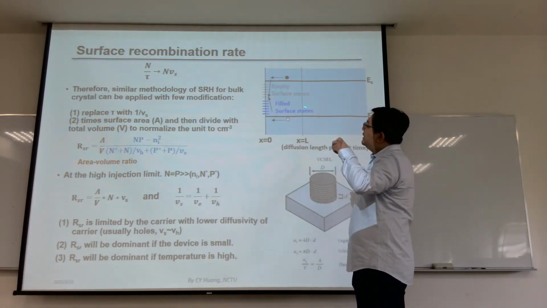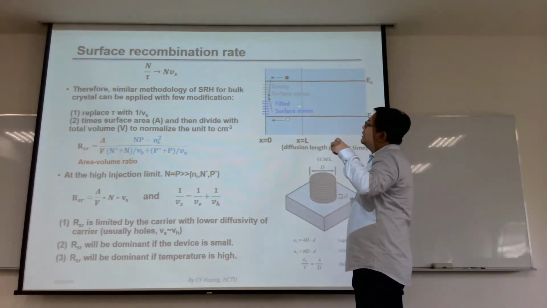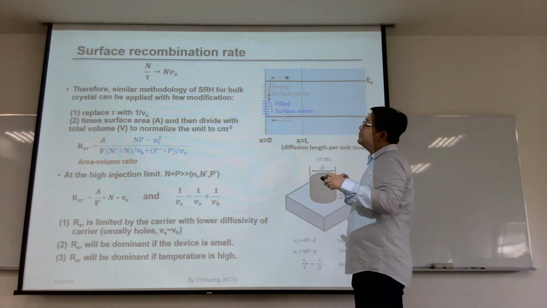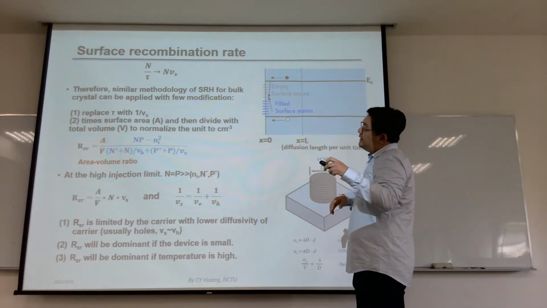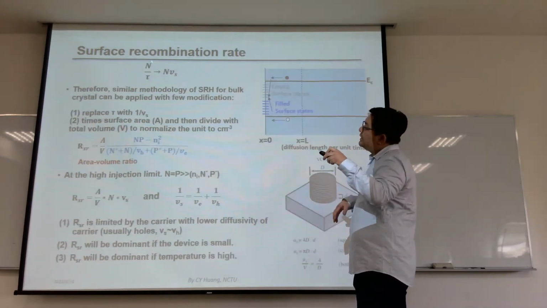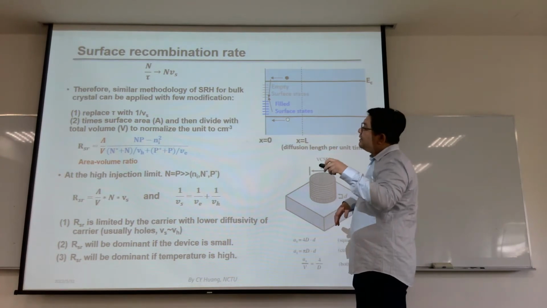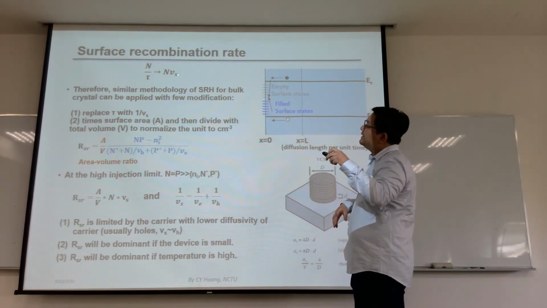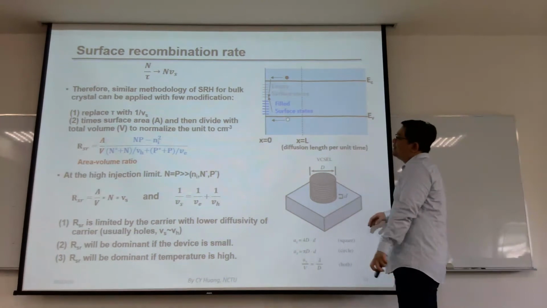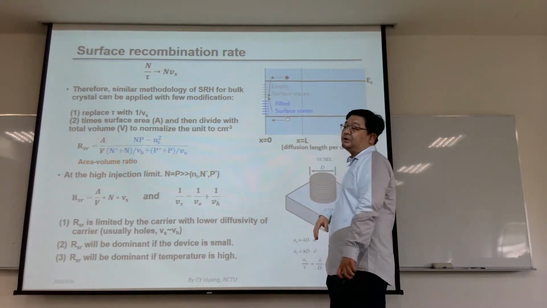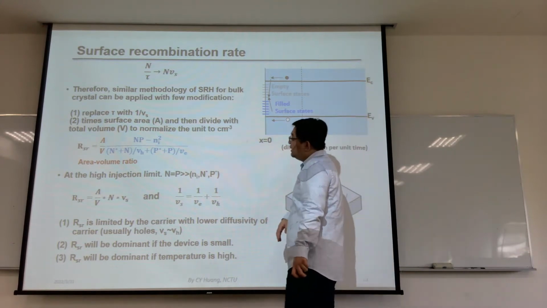So the recombination rate needs to be rewritten with a rather simple modification. In Shockley-Read-Hall theory, we write it as n over tau. For surface recombination, we should write it as n times Vs, and Vs we call the surface recombination velocity.